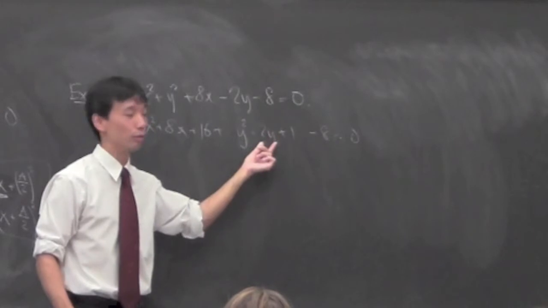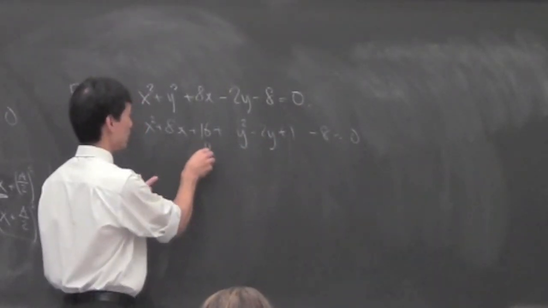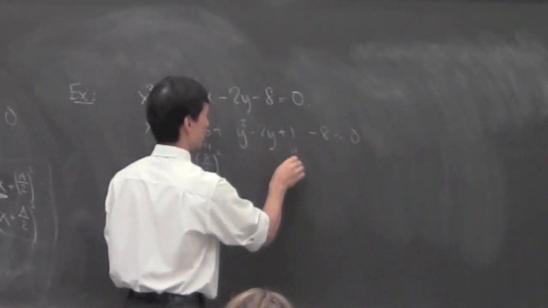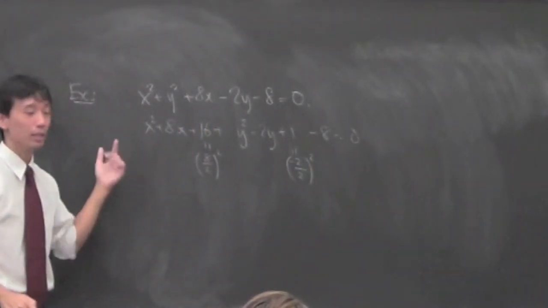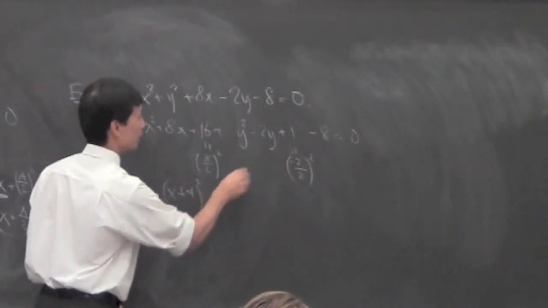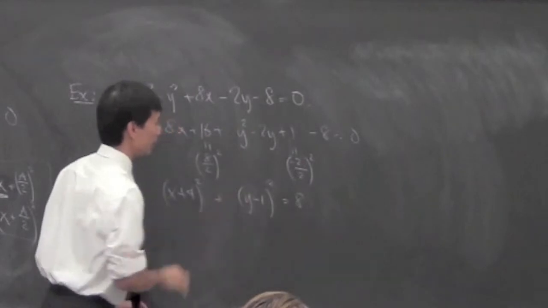Right? Negative 2 over 2, that is negative 1 quantity squared. This is 8 over 2 squared. This is negative 2 over 2 squared. And then you just write down what it is. So this is x plus 4 squared. This guy is x minus 1 squared.